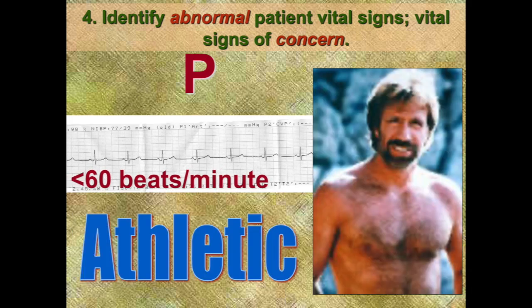Some patients, even with a slow heart rate, if they're very athletic, like we see with Chuck Norris here, his normal resting heart rate might be in the mid to high 40s because his heart muscle is so strong. So, say he's a 48 heart rate.